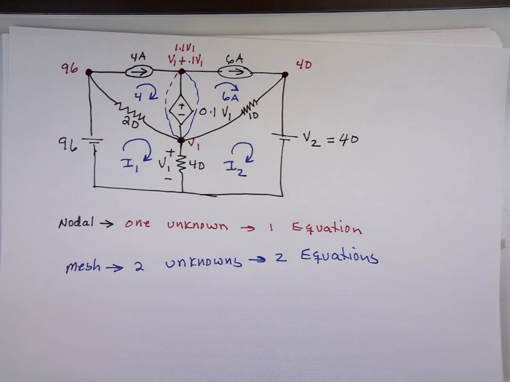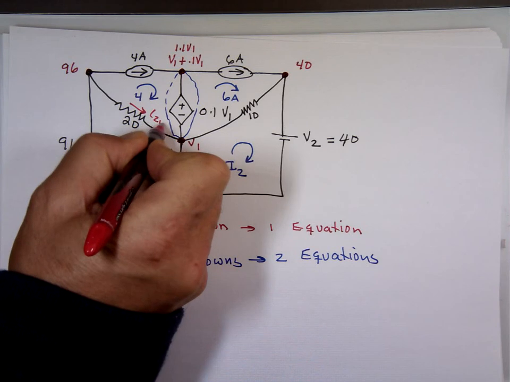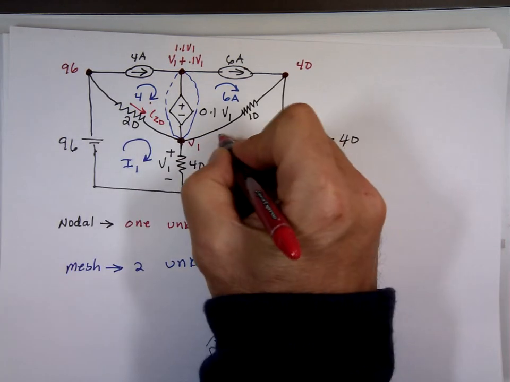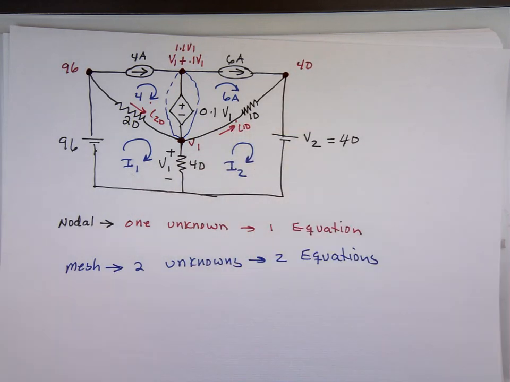With that method, you assign current in any direction that you wish. So maybe I'll call this I20, and I'll assign this I10. And KCL of the super node: what is going into that super node?